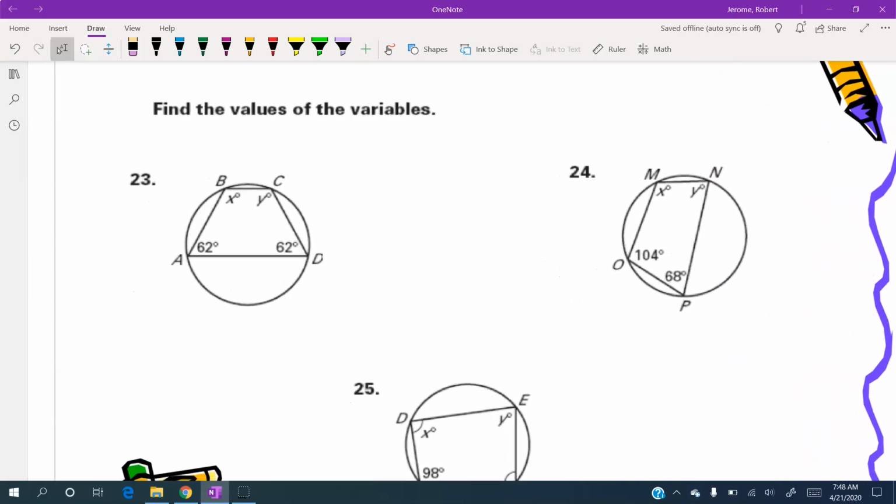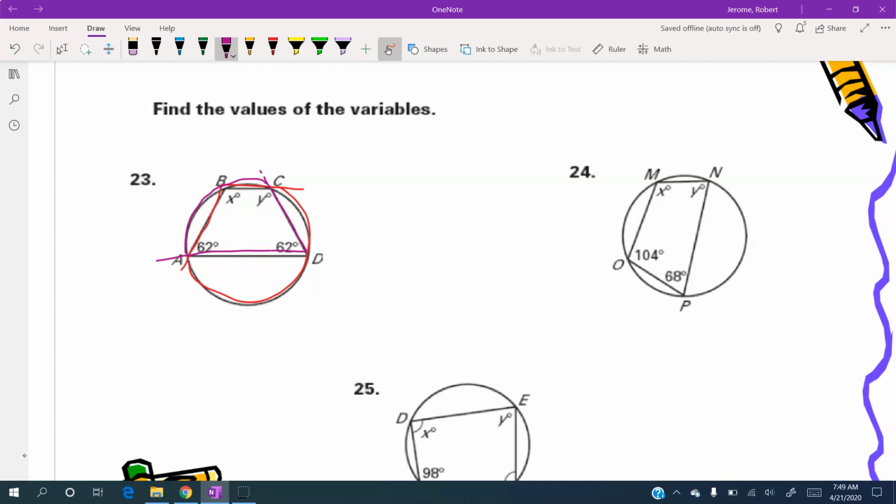For example, in our first one, we're looking for angle X. I can certainly say the angle marked X is right there, its arc is there, and that is the opposite angle and therefore the opposite arc of D. So the total of the arcs was 360. I can find each arc and work it out that way.